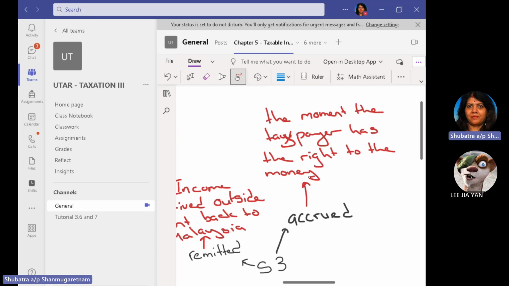Meaning that if I sell you something on credit, I sell you something on 1st January 2023, but you pay me on 1st January 2024, that amount is taxable in 2023, not 2024. All right?